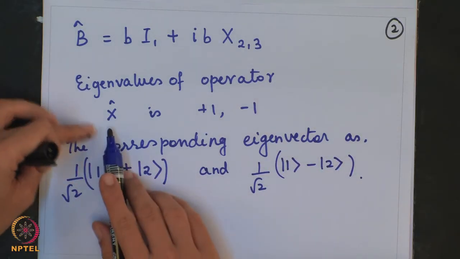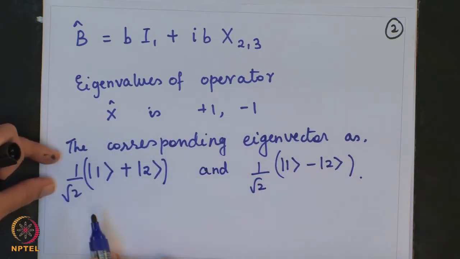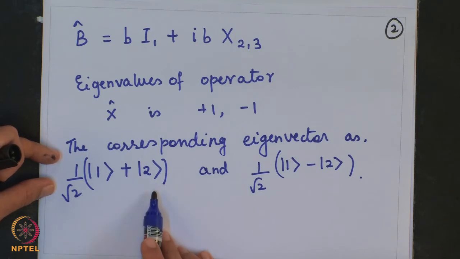So for operator x the eigenvalues are plus 1 and minus 1, and the corresponding eigenvectors are given by Ket 1 and Ket 2. It is very simple.